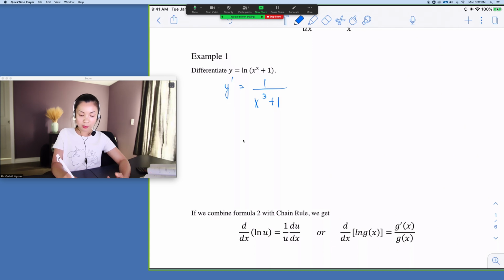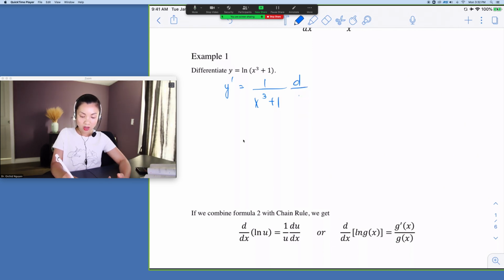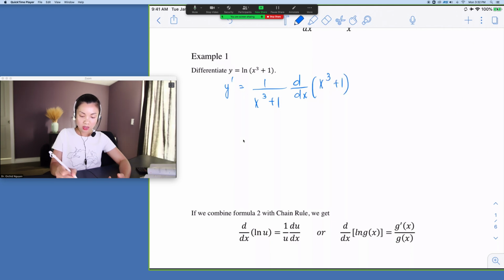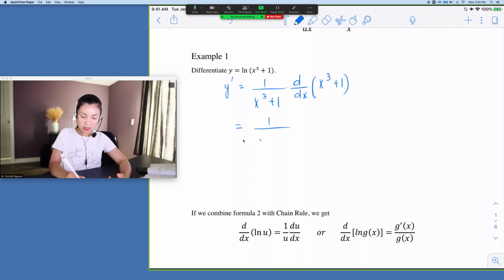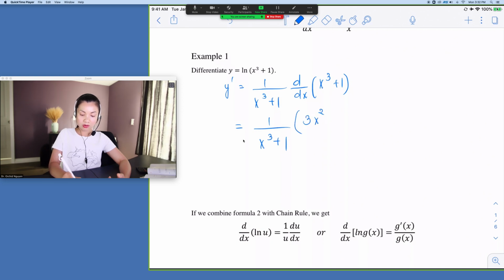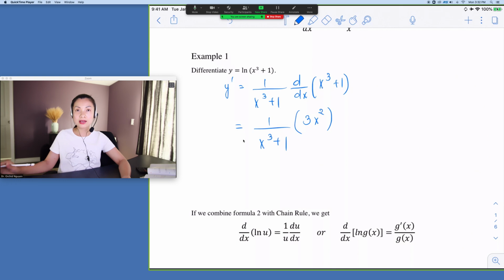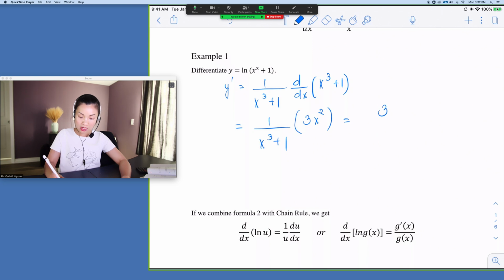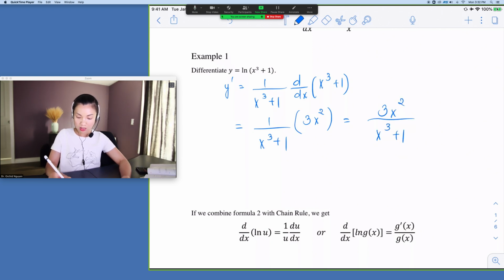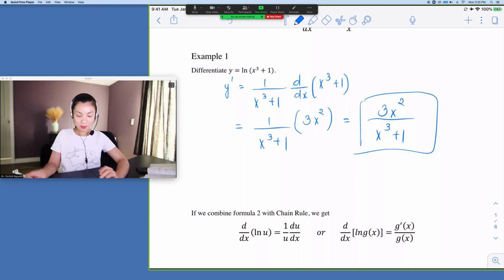And then I'm going to take the derivative of x cubed plus 1, which is 3x squared. Okay, so that's the answer. Make sure you take care of the chain rule.